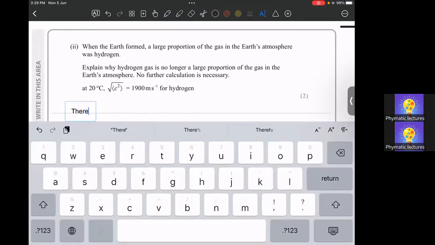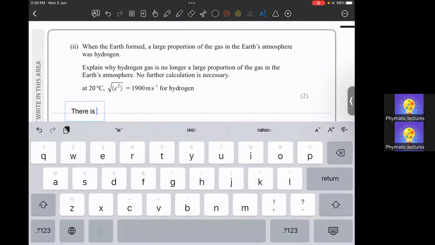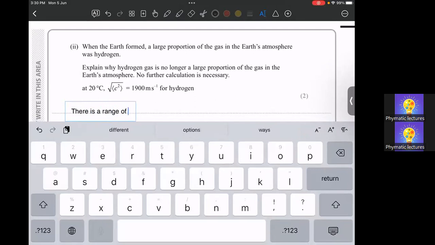if you are speaking about the molecular speeds of hydrogen molecules, we can say that there is a range of molecular speeds. That means this is actually an average value. So some molecules possess a value much higher than 1900 meter per second, some lower than this. So there is a range of molecular speeds. What is the meaning of range of molecular speeds?